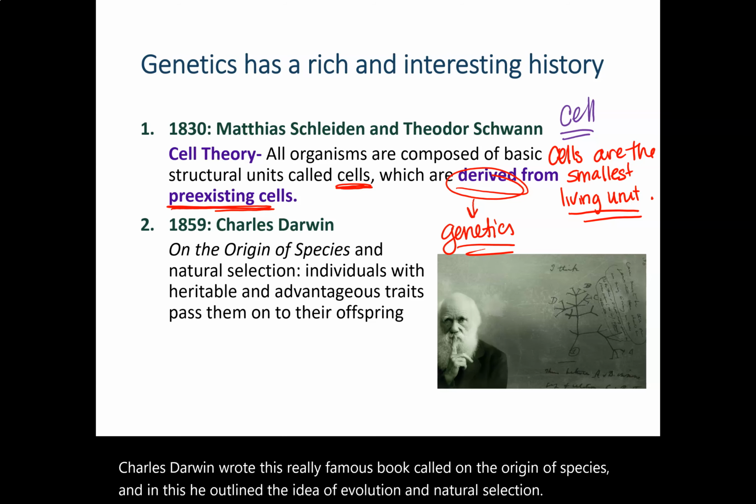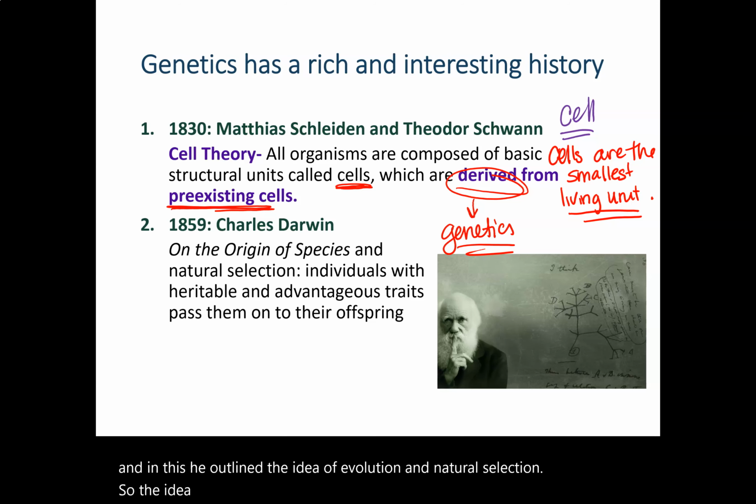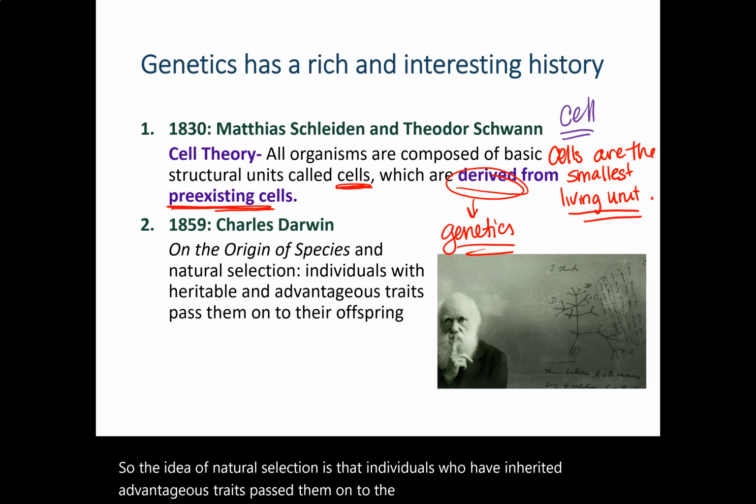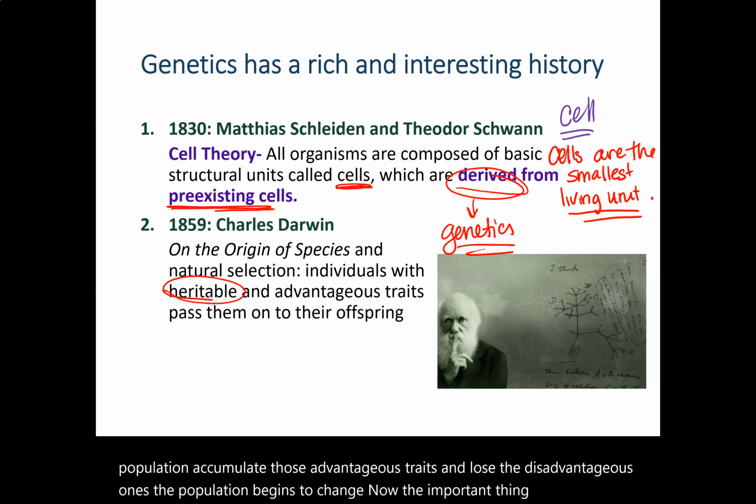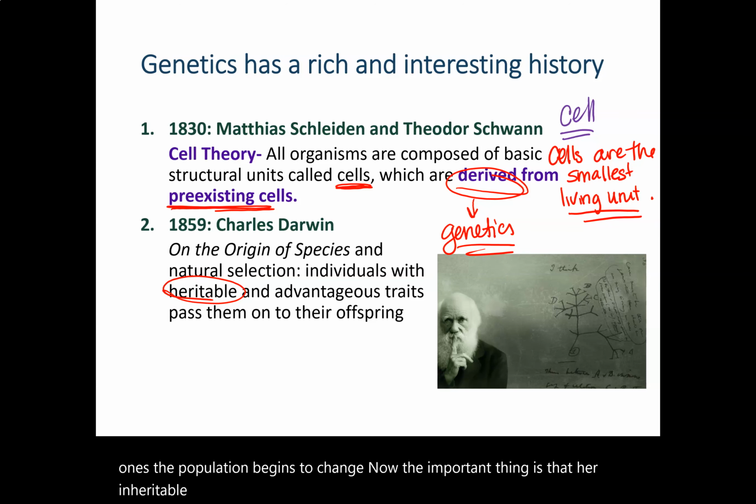So the idea of natural selection is that individuals who have inherited advantageous traits pass them on to the offspring. And as the offspring in the population accumulate those advantageous traits and lose the disadvantageous ones, the population begins to change. Now, the important thing is that it's inheritable. It is heritable information, and there we have genetics again.